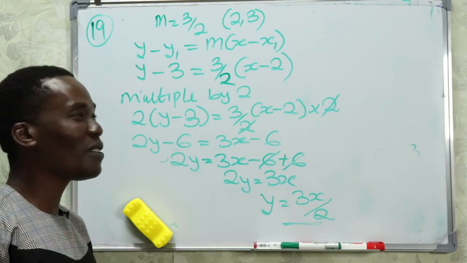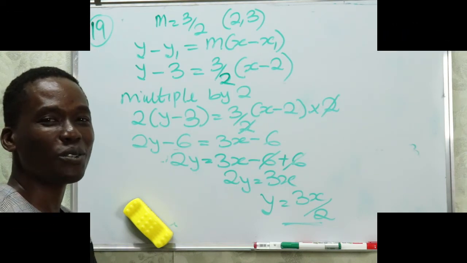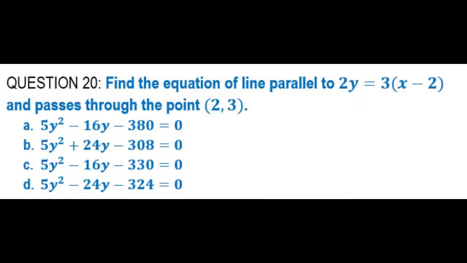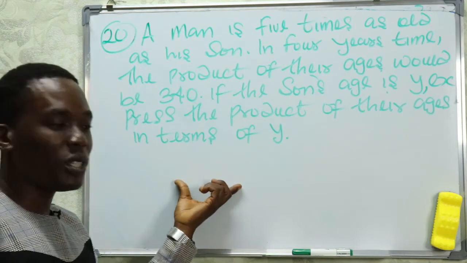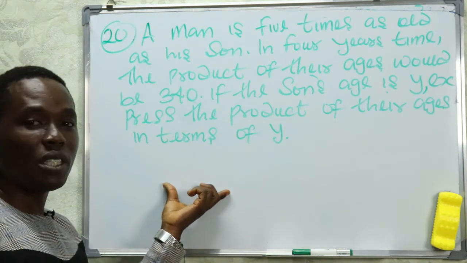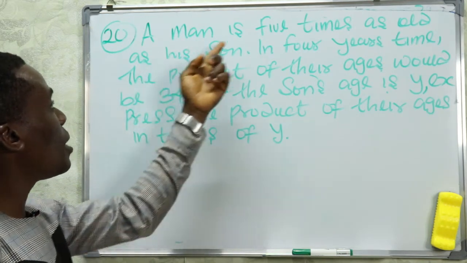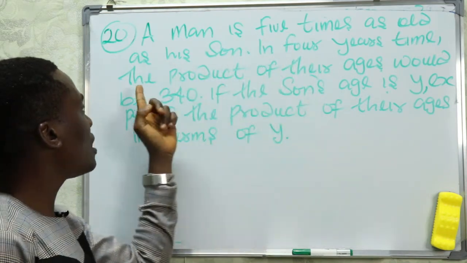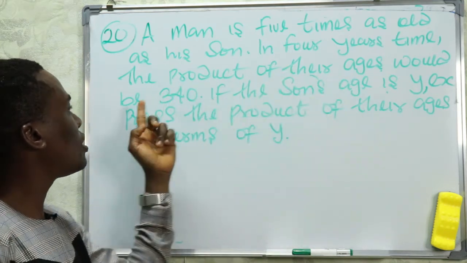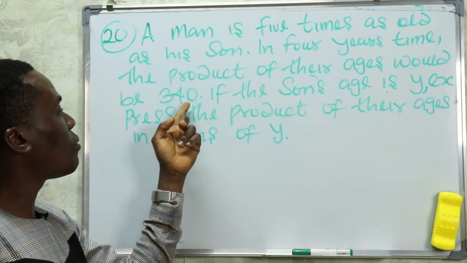Now let's look at the final question for today's video, question number 20. The question says a man is 5 times as old as his son. In 4 years time the product of their ages will be 340.